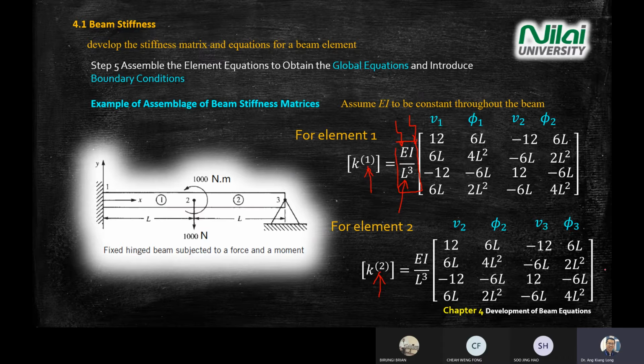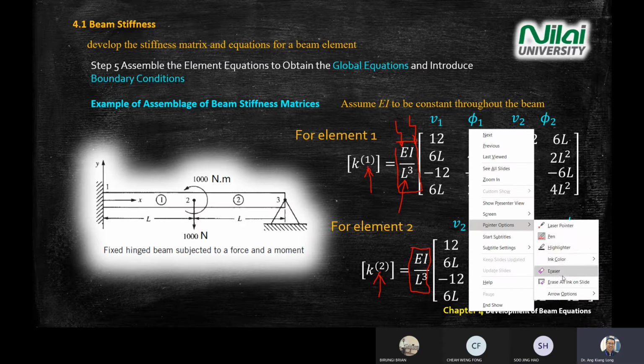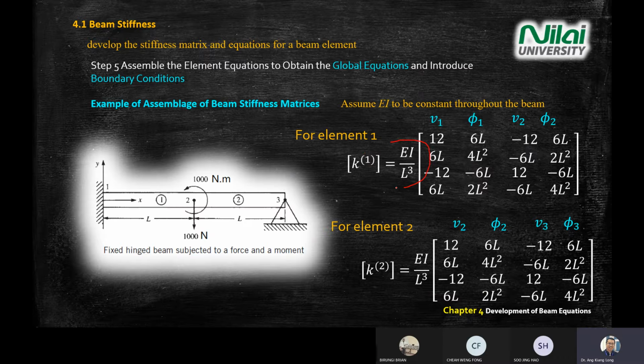After you write this, the next step is to combine these two K matrices. Before you combine, I want to stress that you make sure this one and this one have the same factor. Because normally in the test, the L will be different.